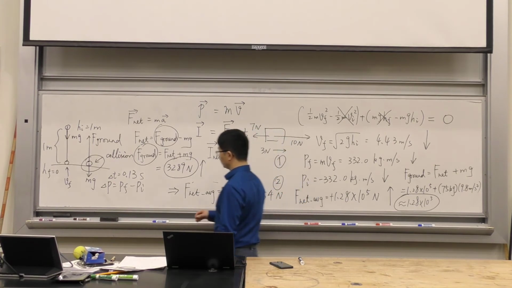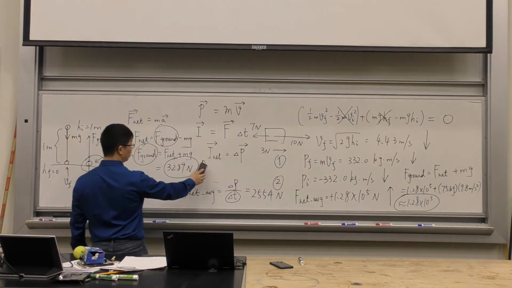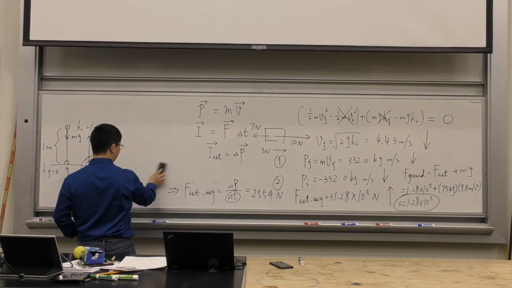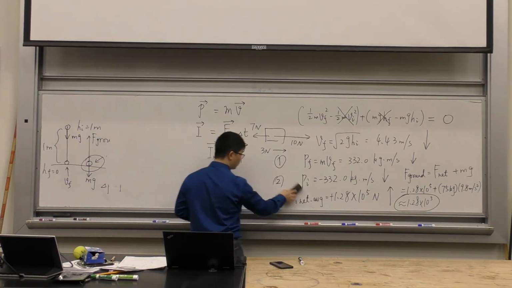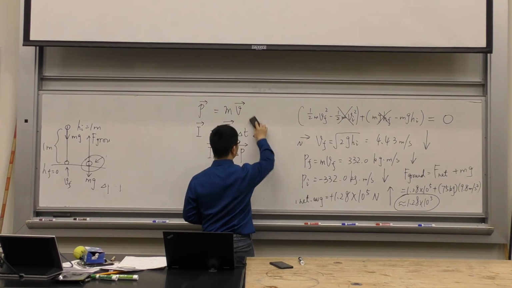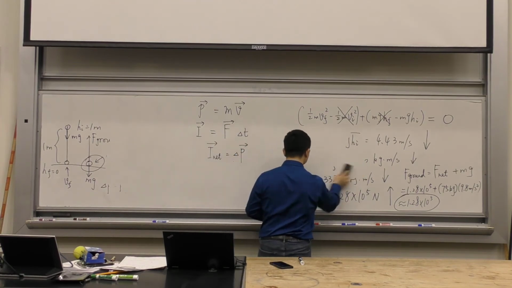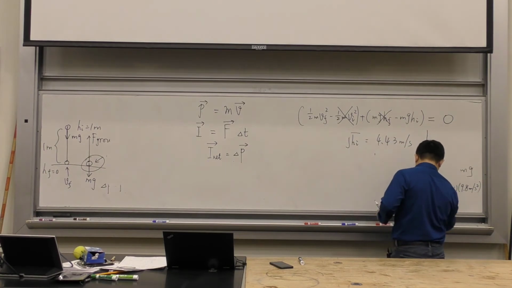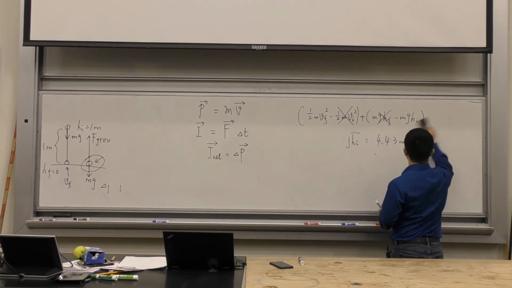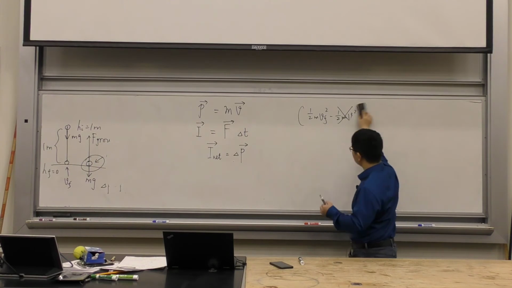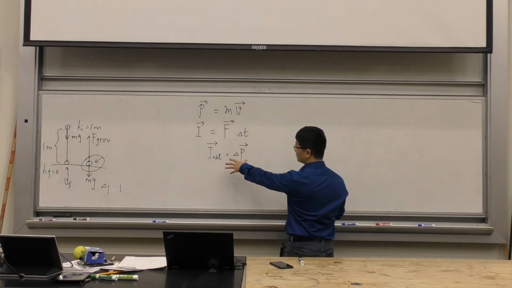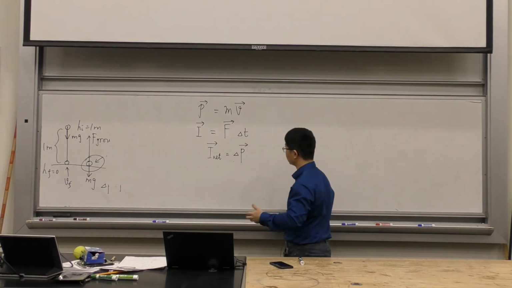So first of all, we're going to apply this theory, the impulse momentum theorem, in a system which has many objects colliding with each other. If you apply this theory for every object, what do you get?